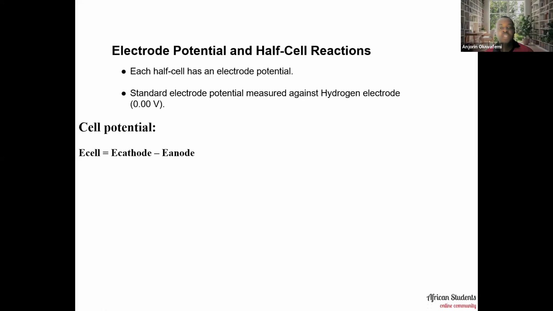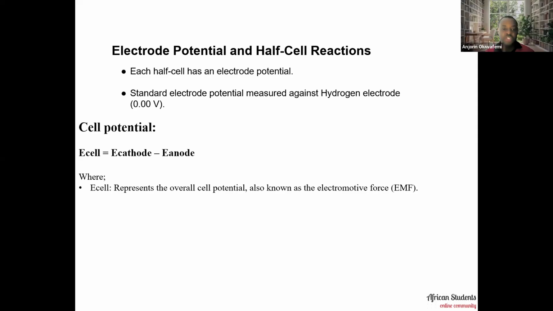E cell equals E cathode minus E anode. So we subtract the anode from the cathode. E cell represents the overall cell potential, also known as the electromotive force, which is EMF.